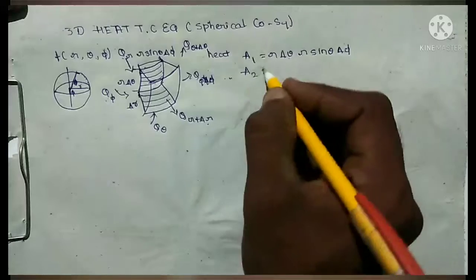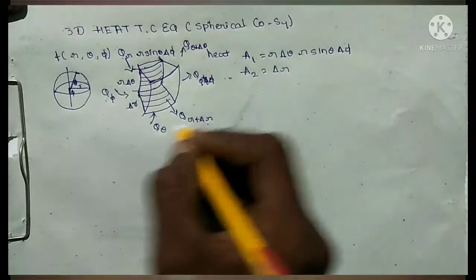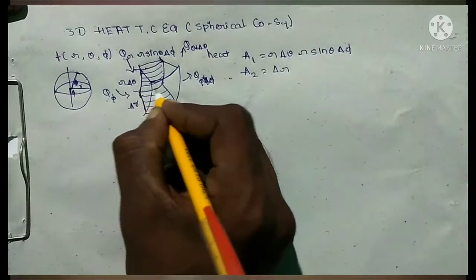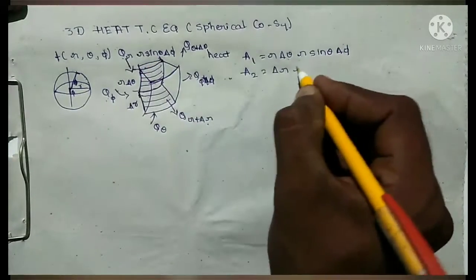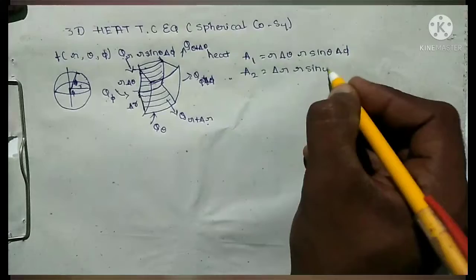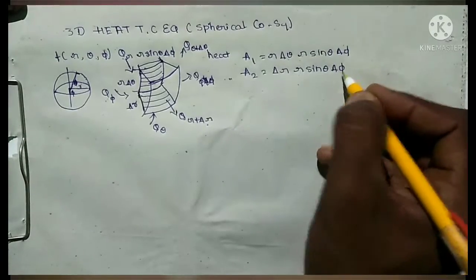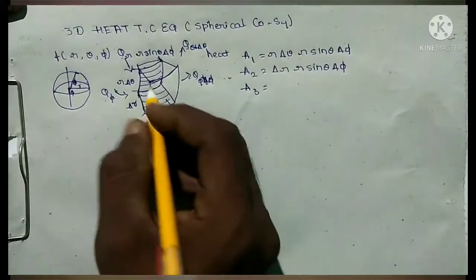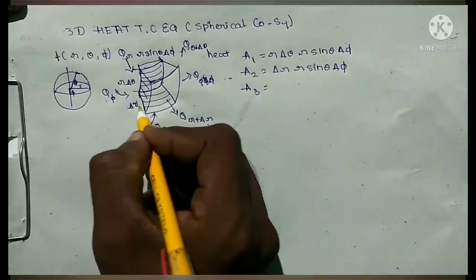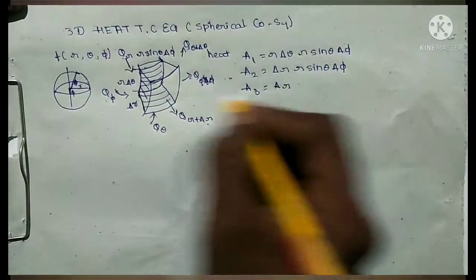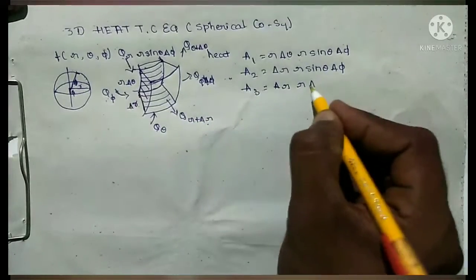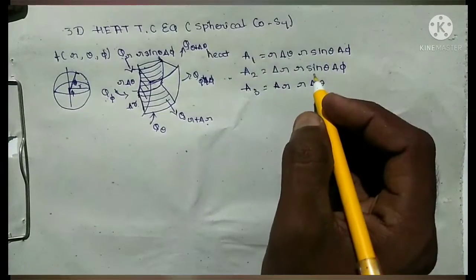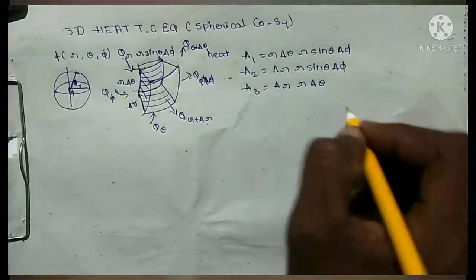A2 is equal to delta r into this distance, r sine theta delta phi. Next, A3 along the phi direction will be delta r into delta theta. These three areas we are going to consider. This is the first thing.